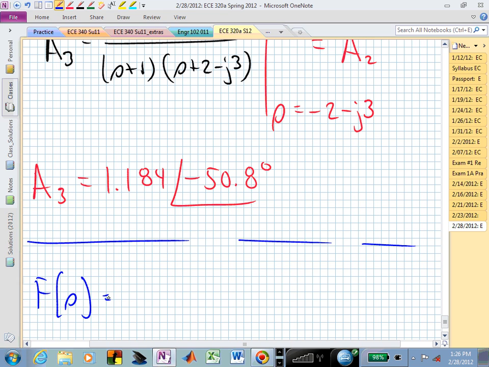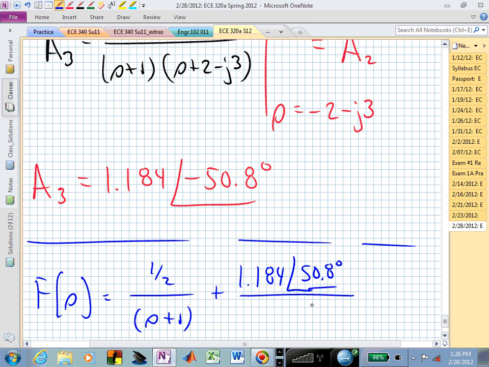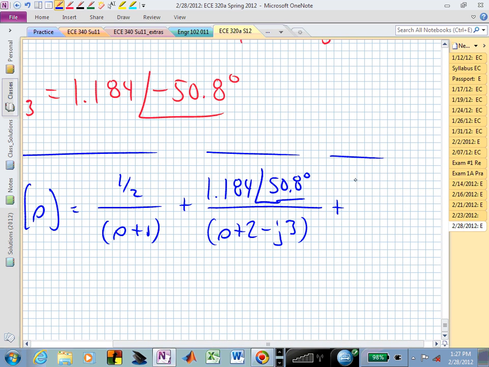We now have capital F of S is equal to 1/2 over S plus 1, and we have 1.184 at an angle of 50.8 degrees over S plus 2 minus j3, plus 1.184 at an angle of minus 50.8 degrees over S plus 2 plus j3.